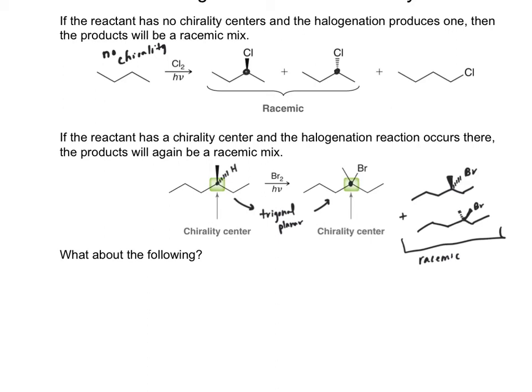So again, for the synopsis: we have no chirality centers, but by undergoing this reaction, we're introducing a chirality center, and we get a racemic mixture as a product. If we do have a chirality center and it actually reacts in this reaction, we're also going to get a racemic mixture as a product, so 50% R, 50% S.